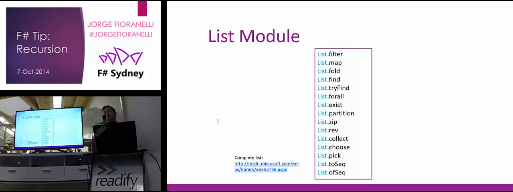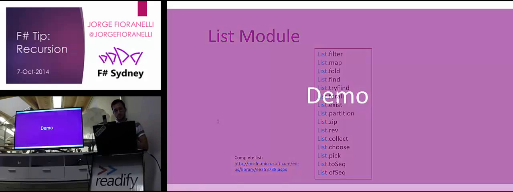If you want to reduce a list, let's say you are adding numbers, you could use fold or reduce, depending on the overload that you need. And basically you have all the same functions that we have in C# for LINQ and more here in F#. This is a reduced list, but if you go to that link, you will have the entire list of functions there.